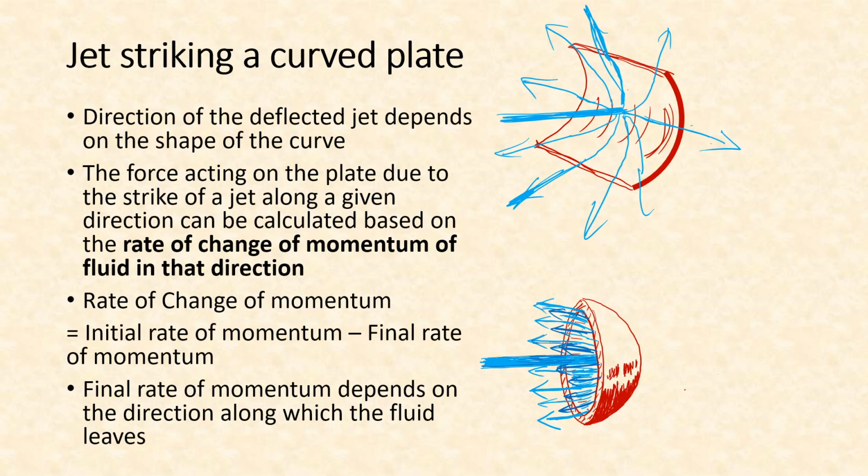And the convenience with this kind of a symmetrical plate is that all these directions will make the same angle theta with the original direction. So they will all be deflected by the same angle, and if you practically try to see it, it will look like a sheet of water, or rather a cone of water coming out of this plate.